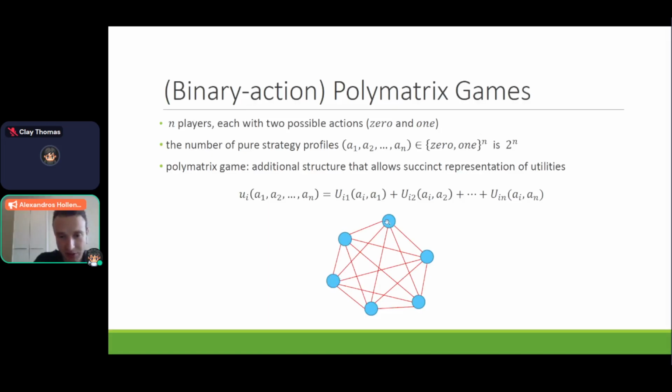And then there's another game between those two players that also gives some payoff to the player, etc. So if you just focus on one single player, one single blue node, then the payoff that they get for a single action will depend on what happens in all of those 5 games with the 5 other players, but it will just be the sum of those payoffs. And this is what the added structure is in these Polymatrix games, as opposed to more general games where it would be more complicated than just a sum. Okay, that's the high-level idea.